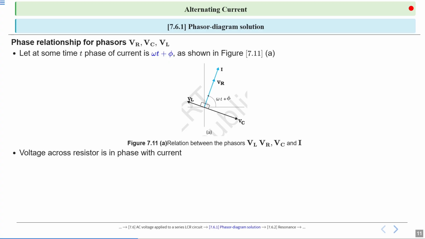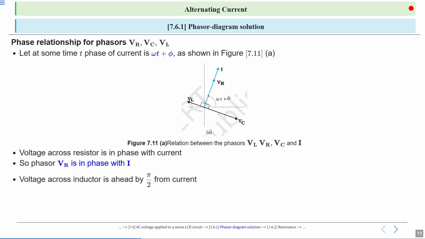We know that for a resistor, the voltage across it will be in phase with the current. There will be no phase difference between voltage across the resistor and current, as we have discussed in the purely resistive circuit. So phasor VR is in phase with the I phasor, the current phasor.